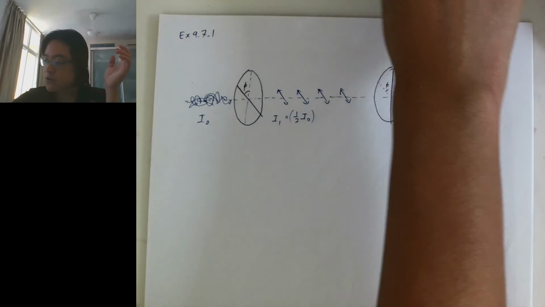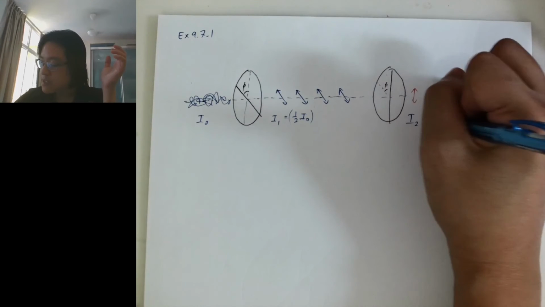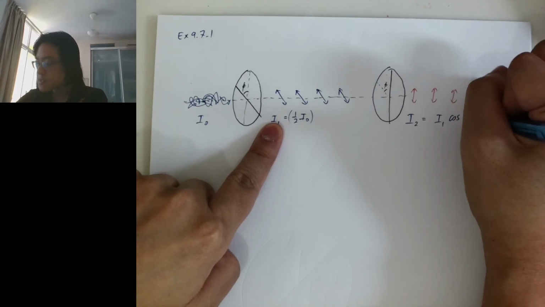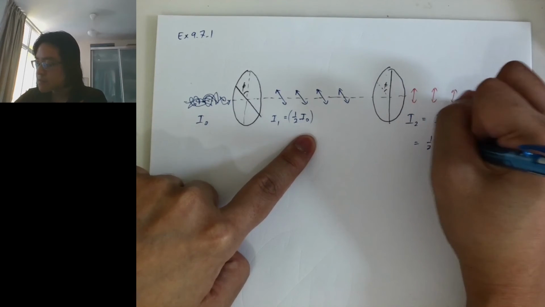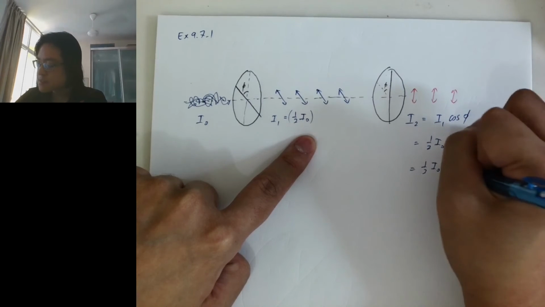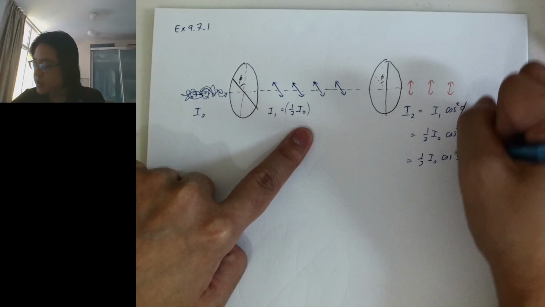According to Malus's law, the intensity of this must be the previous intensity times cos squared phi, and the previous intensity was half I0, and phi is 30 degrees. Cos squared, I forgot the square.